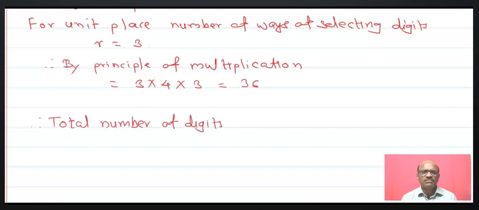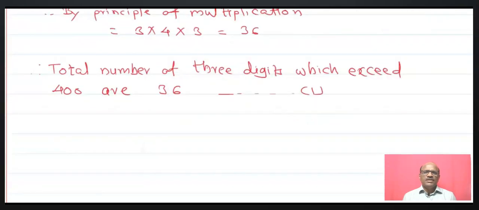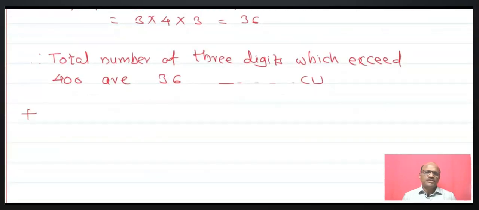Therefore, the total number of this type of numbers, 3 digits exceeding 400, is 36. Now again, next we will form the 4 digit number and the 5 digit number.